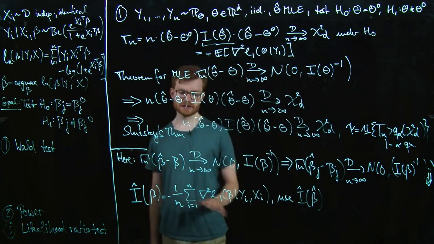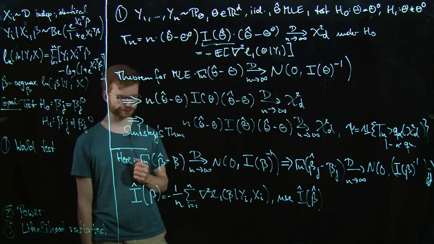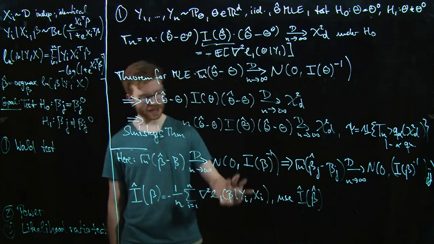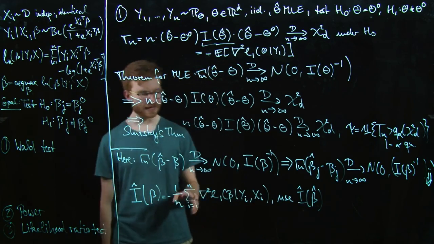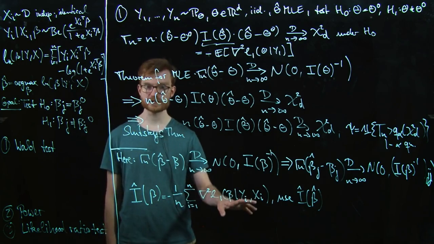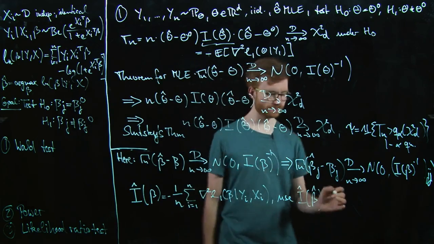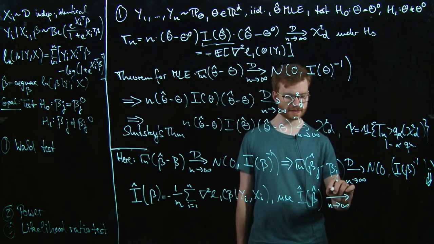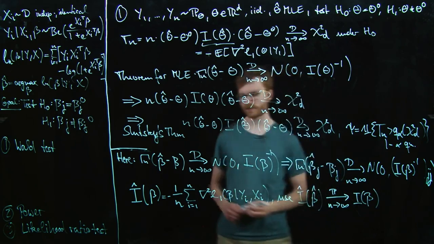This would be theoretically justified by something like a uniform law of large numbers, which says that if I plug in a consistent estimator into a nice continuous function, then this will also be consistent as n goes to infinity, for a function that is pointwise consistent and has some continuity properties in terms of beta. Let's not worry about this too much, and let's just assume that this thing in probability will go to I of beta at the end of the day.